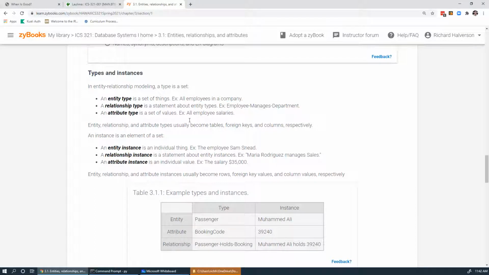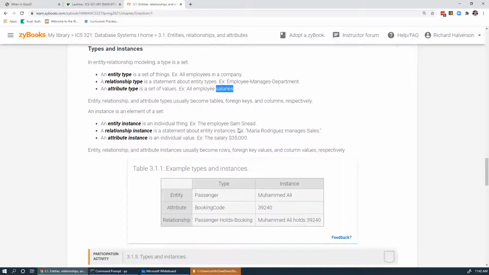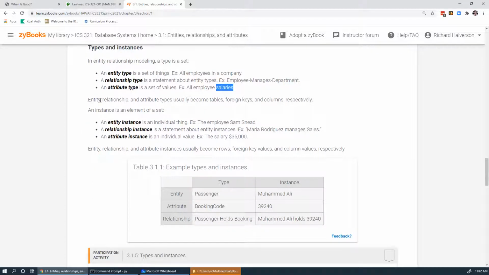And then an attribute is a set of values, like addresses, salaries, title, and so on. Entity, relationship, and attribute types usually become tables, foreign keys, and columns, respectively.